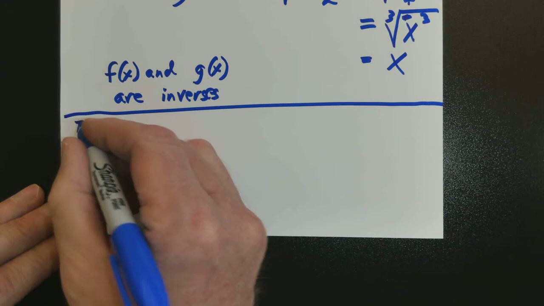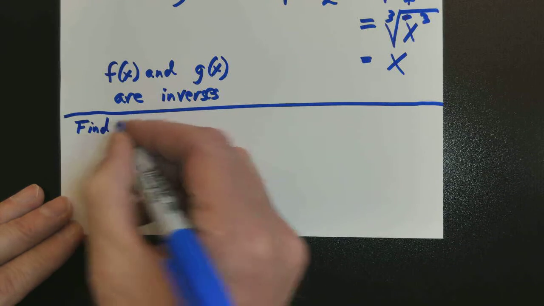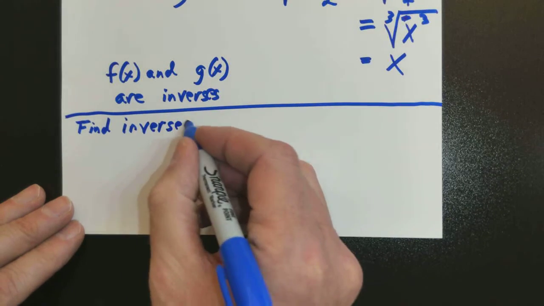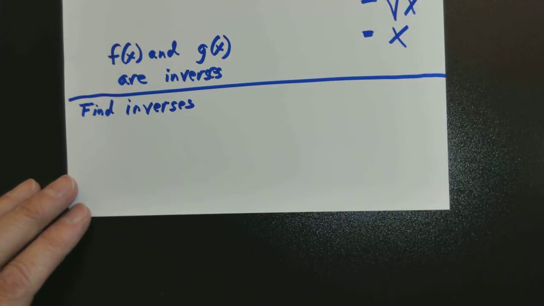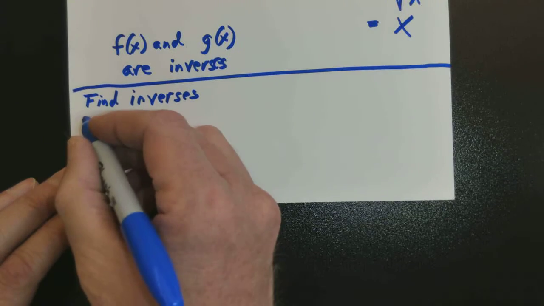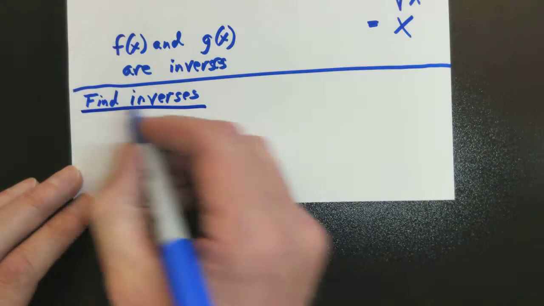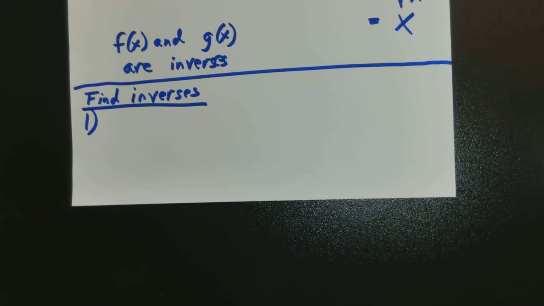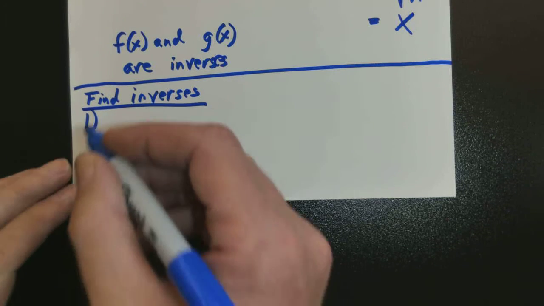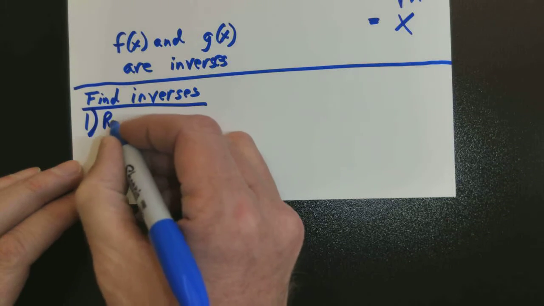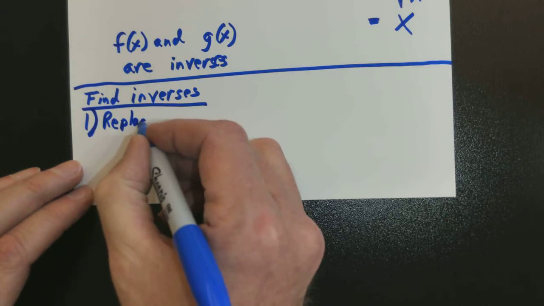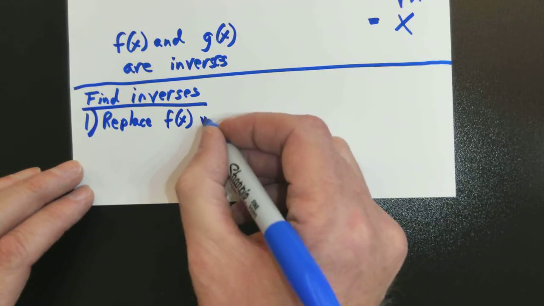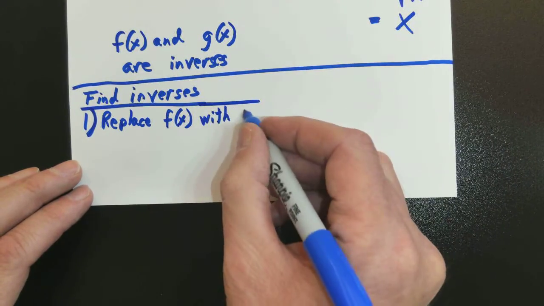All right, the next thing we're going to do is find inverses. Step 1: if you're in function notation, replace f of x with y.